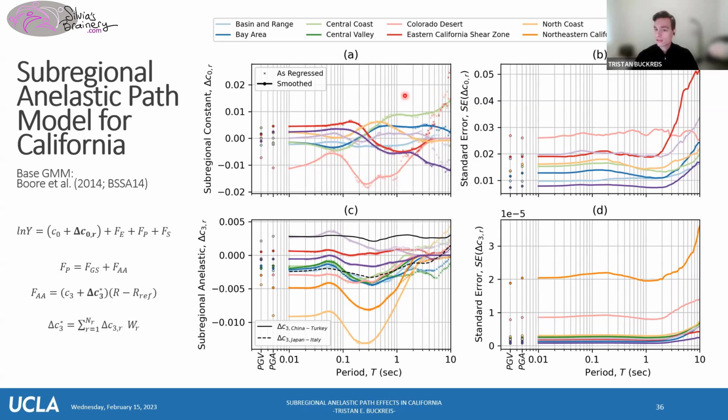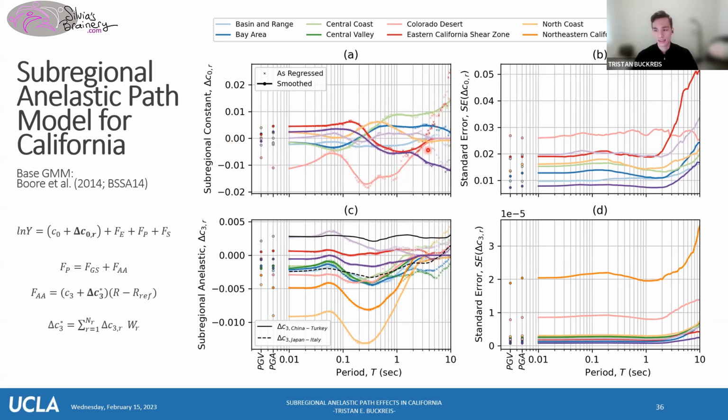But I say this with a grain of salt because when we look at this vertical scale, the values are from about negative 0.02 to 0.01. These are extremely small shifts. For the constant term in the ground motion model, it's 1 to 2 orders of magnitude greater. So really the constant that this is adjusting is between 0.1 and about 1.5, I think. So this is a negligible shift.